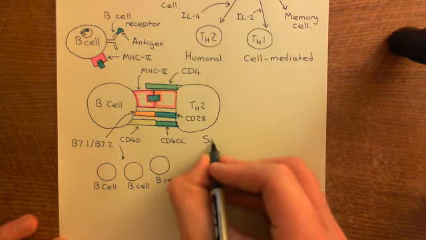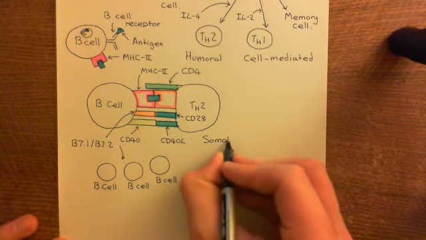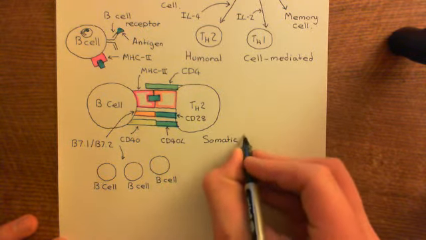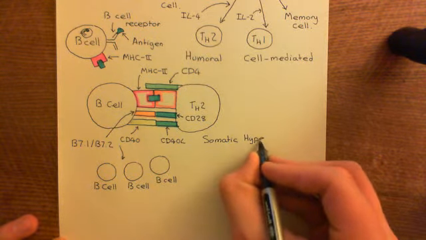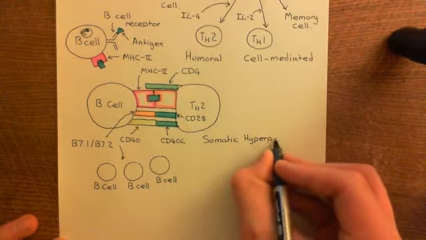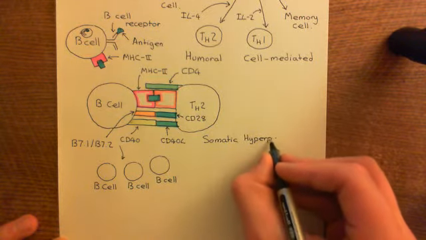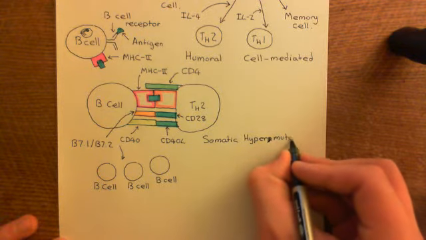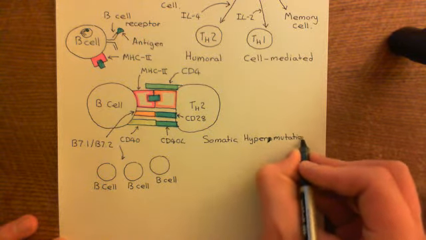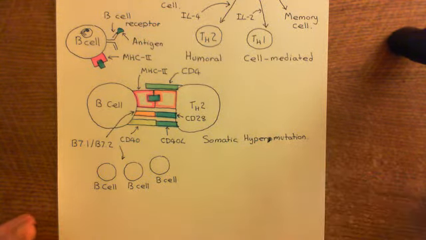So what happens is when this B cell divides to make a whole population of B cells, somatic hypermutation is what's going to happen next.